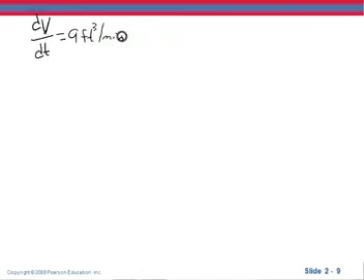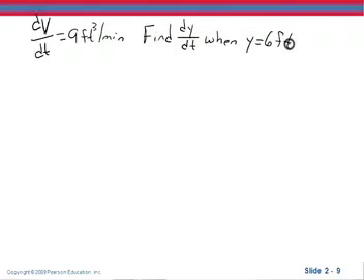Okay, we want to find the change in y, which was our water level, when y was 6 feet. Okay, so let's look at our formula again. Once we simplified, we had that the volume was pi y cubed divided by 12.